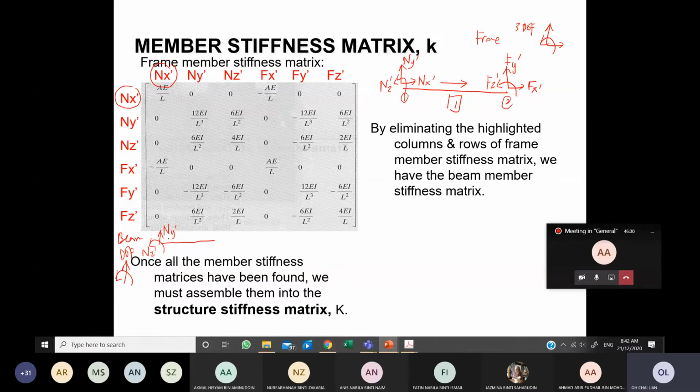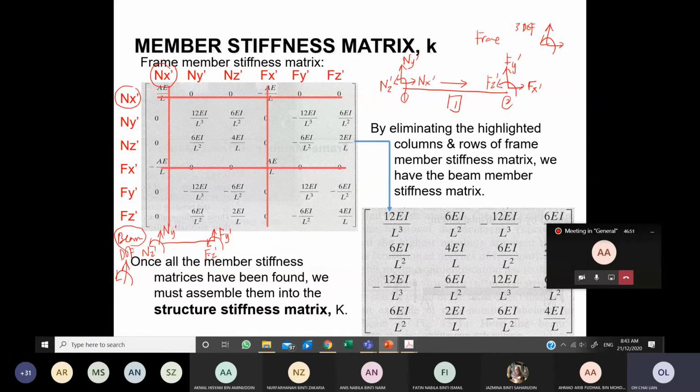But you don't need to draw this every time. This is just to tell you what this is about. This is at the far end, Y direction, and this is at the far end, Z direction. So for beam, you are dealing with NY prime, NZ prime, FY prime, FZ prime only.